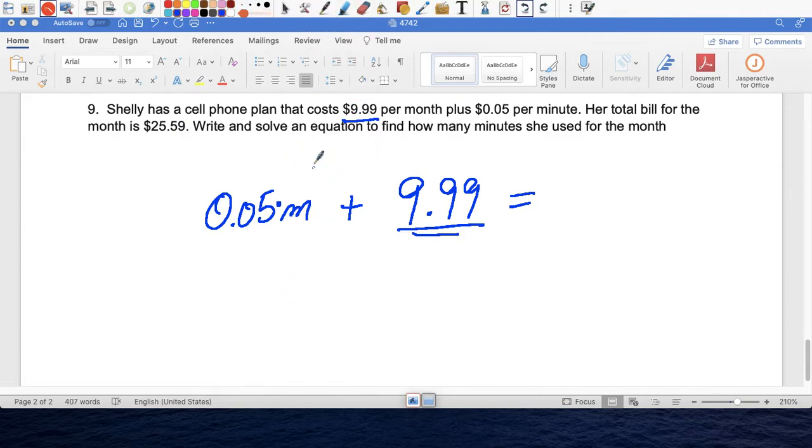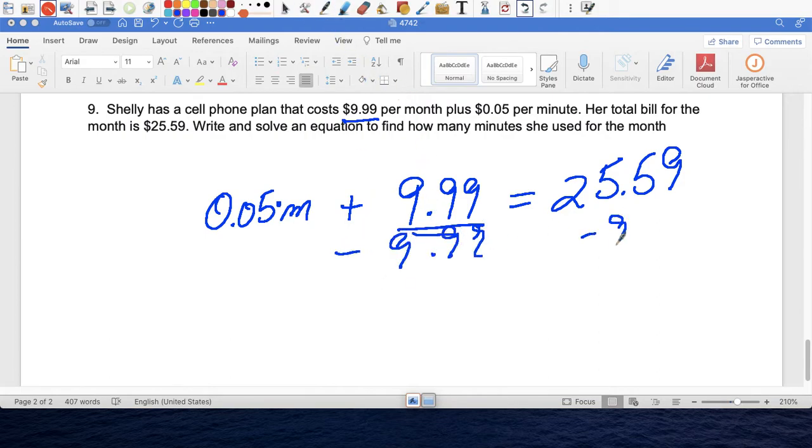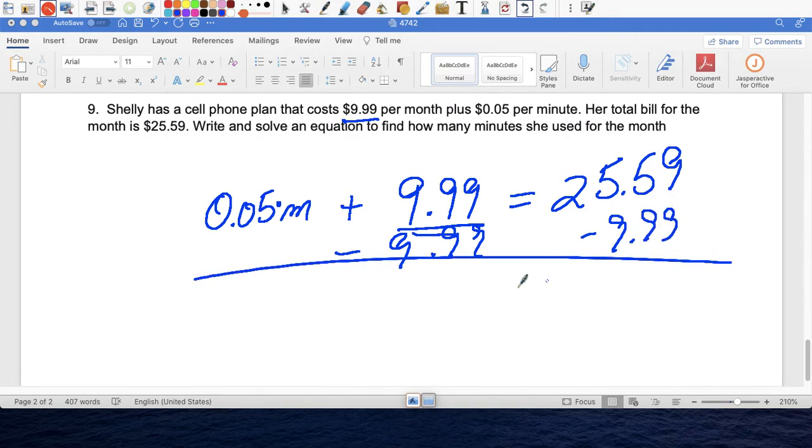But in this case, we don't know how many minutes, but we do know how much your total was. So if you're trying to figure out, I wonder how many minutes I used this month, that's the equation you would use. Minus $9.99, minus $9.99, and 0.05 M, and that's going to be, I have no idea, $15.16.